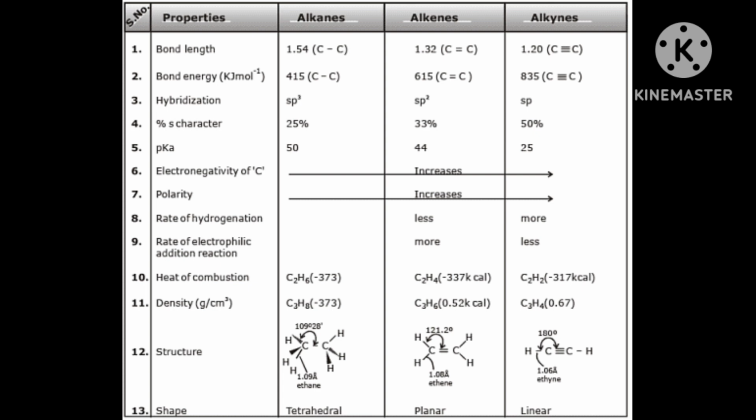Now again a double bond is there, that also can break. Then again, suppose one more Br2 is there, then in the same way both bromine atoms will go to both carbons. Correct.